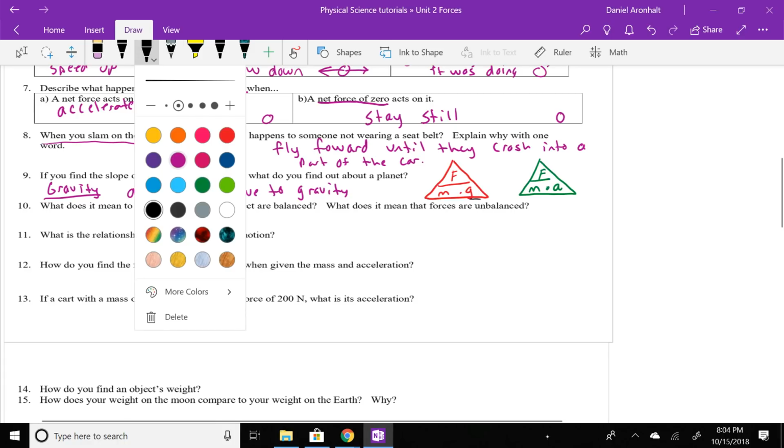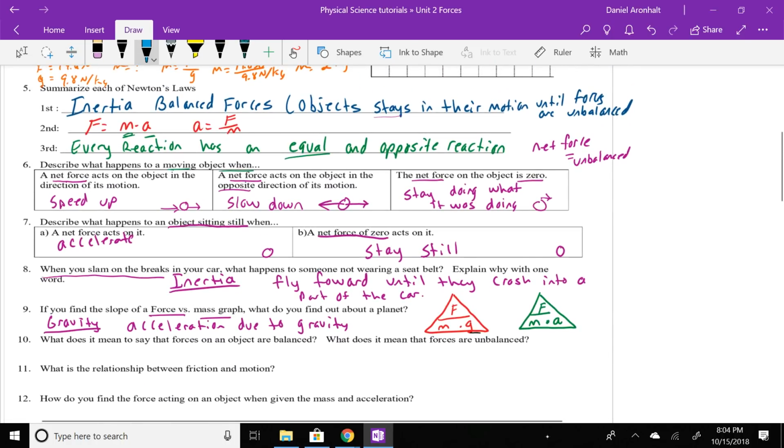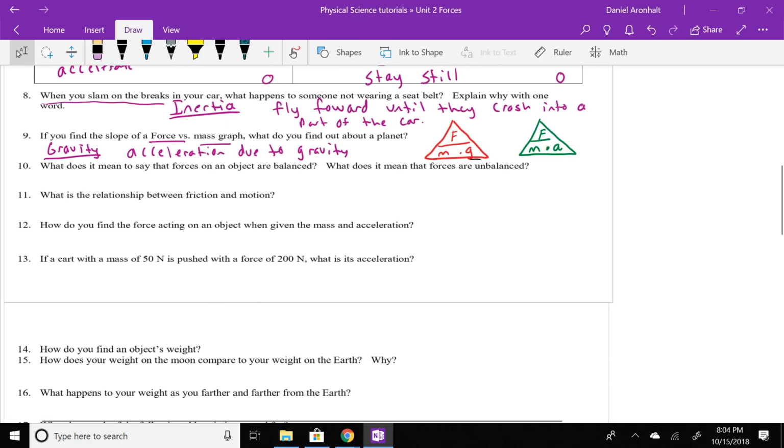Net force means unbalanced. So balanced means all forces in all directions cancel each other out, or they are equal to each other.